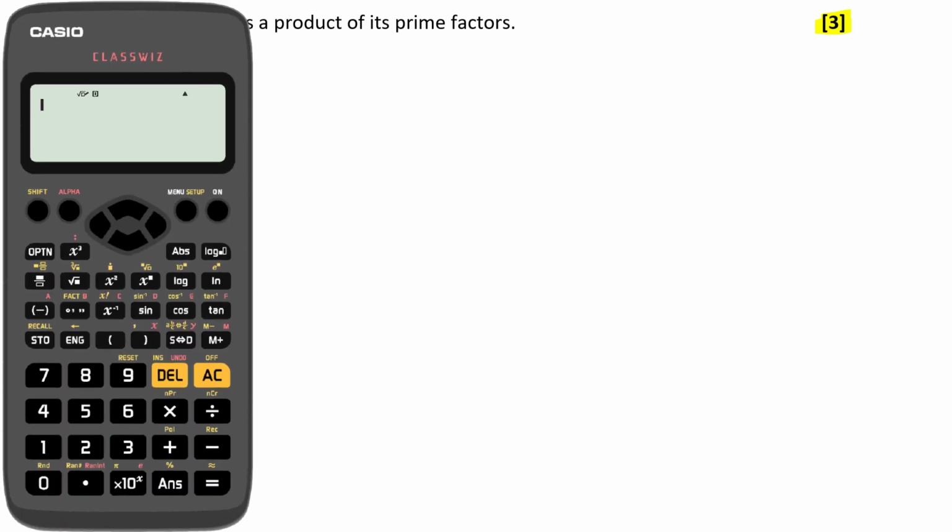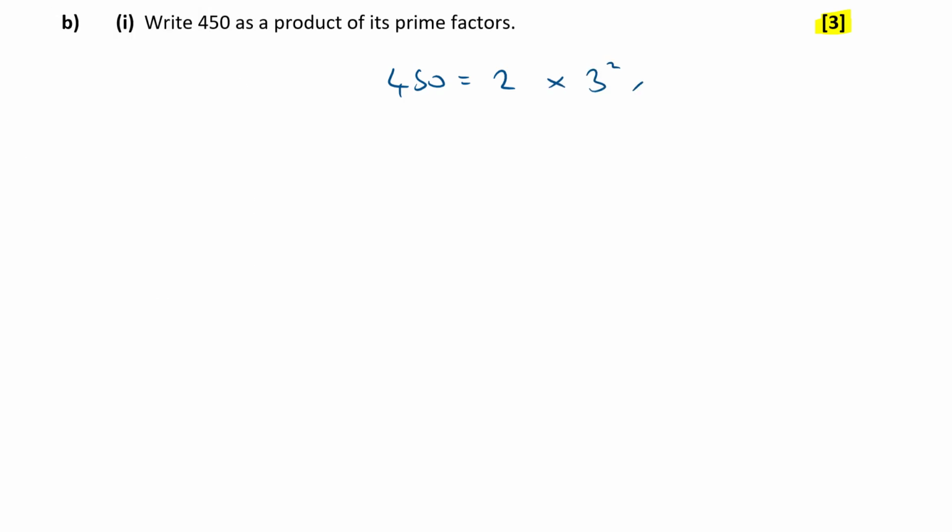So if you pull up your Casio calculator, type in 450 and press enter, it makes 450 the last calculated value. Next we just press shift and then that fact key, and it's going to rewrite 450 as a product of its prime factors: 2 times 3 squared times 5 squared. So 450 is 2 times 3 squared times 5 squared.